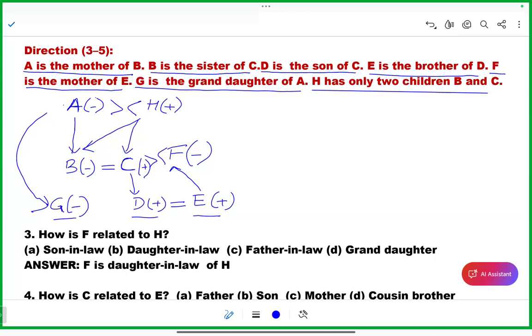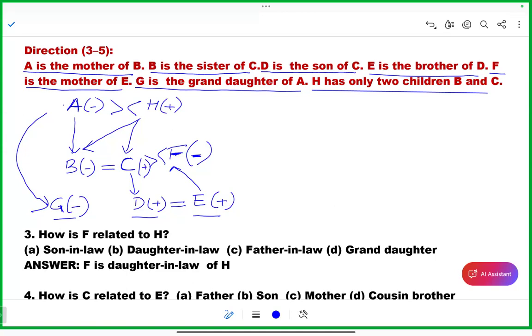How is F related to H? F is the daughter-in-law.